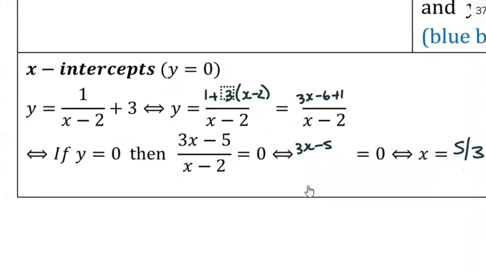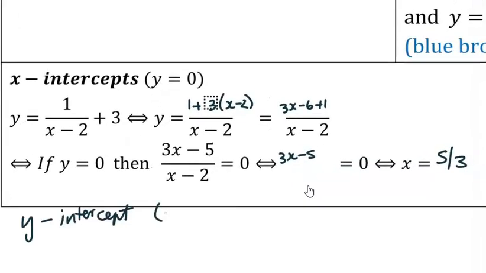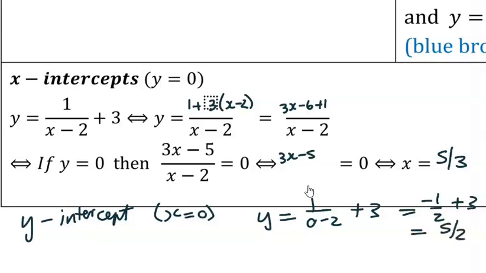The y-intercept happens when x is equal to 0, which we plug into y equals 1 over 0 minus 2, plus 3. Now, the first part is negative a half plus 3, and that will give me 5 over 2. And that corresponds with what we have here.